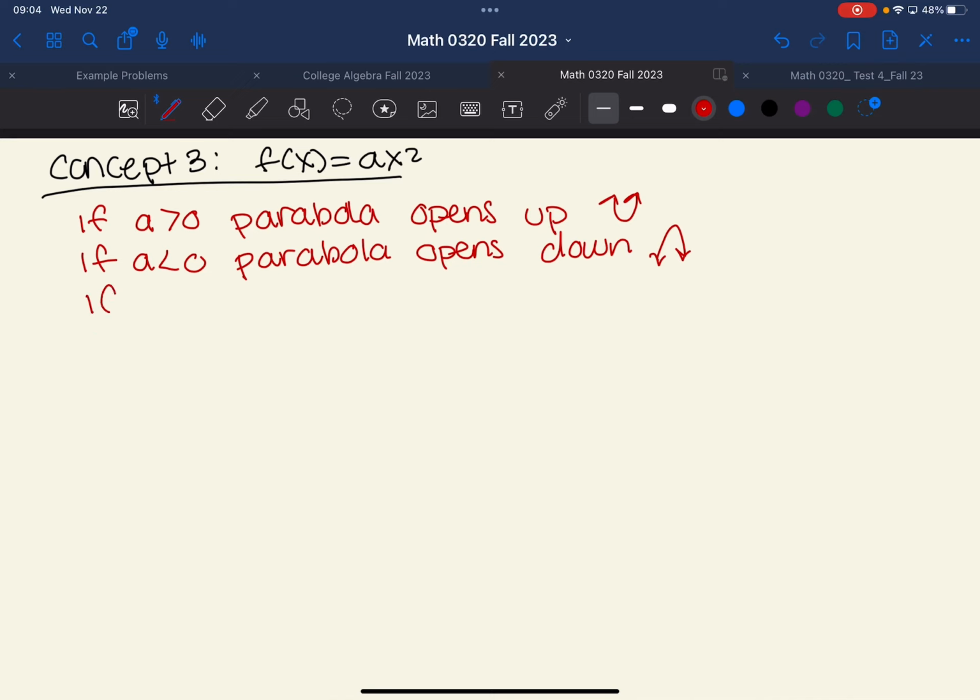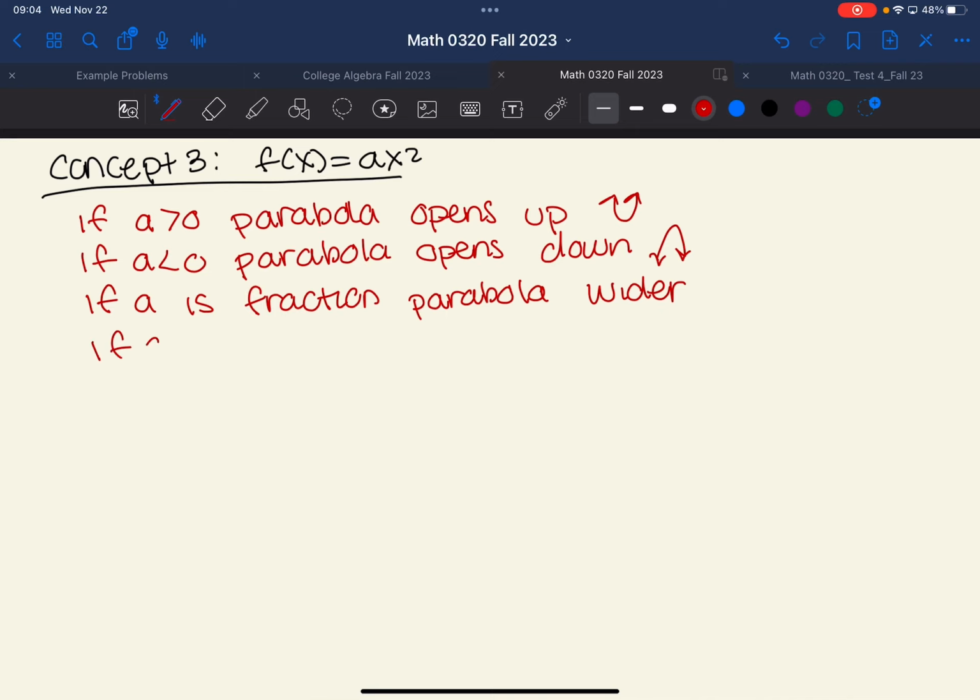If a is a fraction, so like we had 1/2 x squared, that means the parabola is going to get wider. Okay.